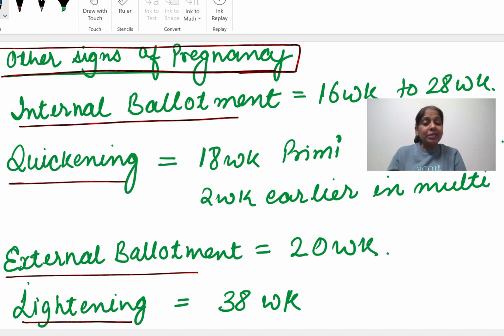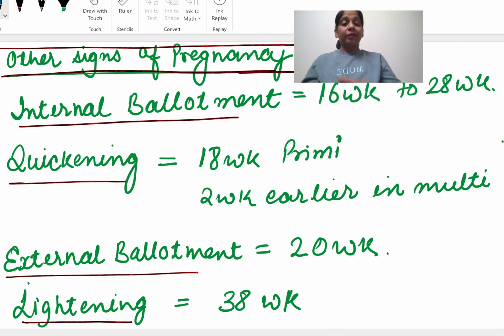And what is lightening? Lightening is at 38 weeks. That means the fetus goes down. Just now we studied that at 36 weeks it is at the xiphisternum level. When the fetal head engages, the fetus goes into the pelvis, and the mother feels lightened up.